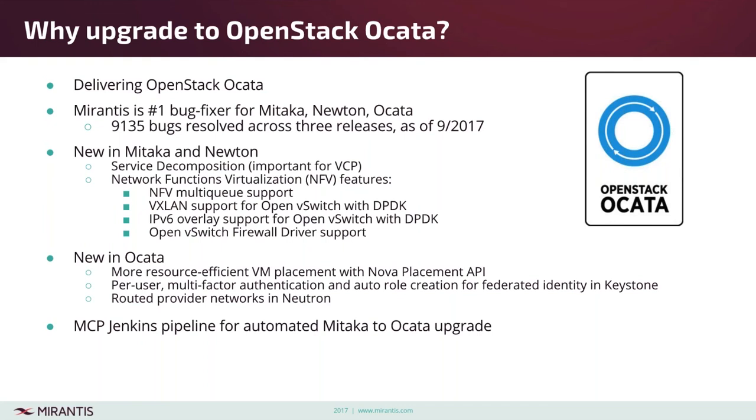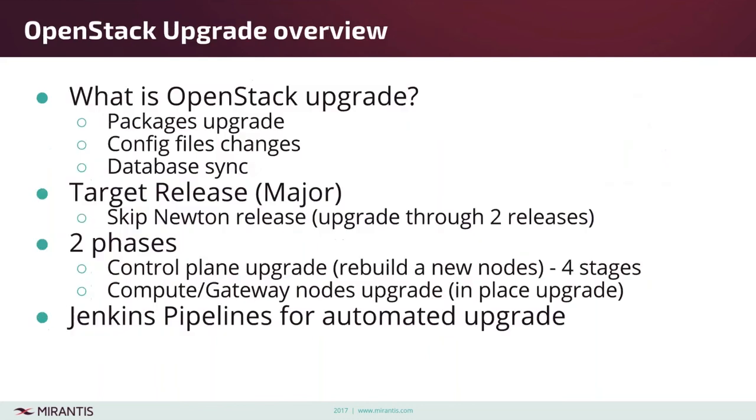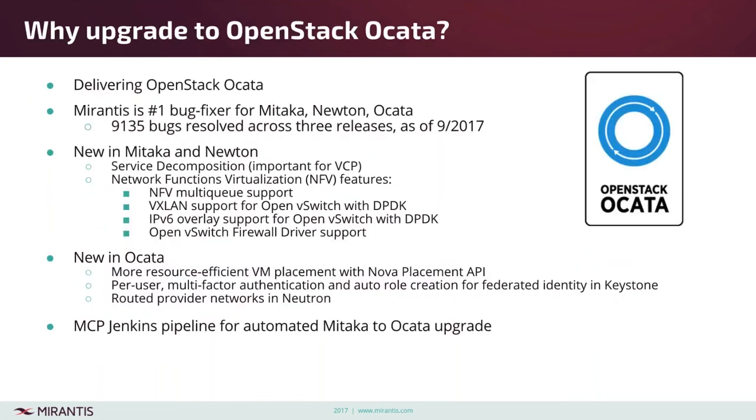Mirantis, as far as our release of OpenStack versions, we have jumped from Mitaka to Ocata, so that's a 2-release jump, and the demo that we're going to show today is actually going from Mitaka to Ocata. So we'll go over that.